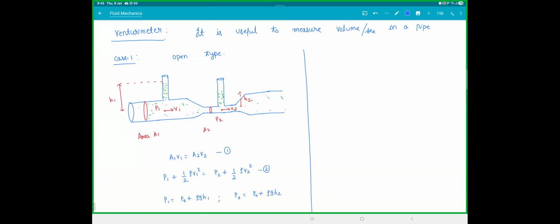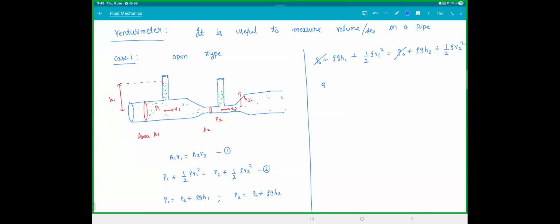Substitute everything here: P0 plus rho G H1 plus half rho V1 square is equal to P0 plus rho G H2 plus half rho V2 square. P0 will cancel.